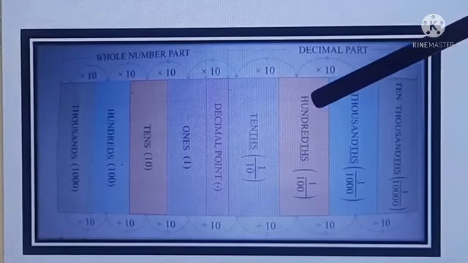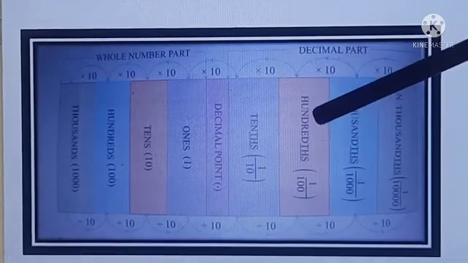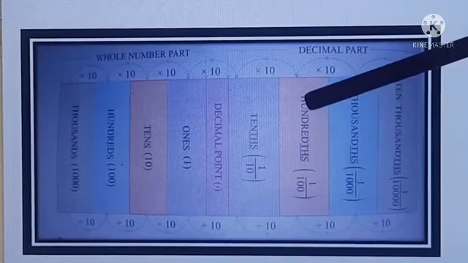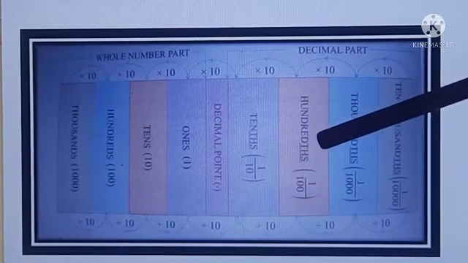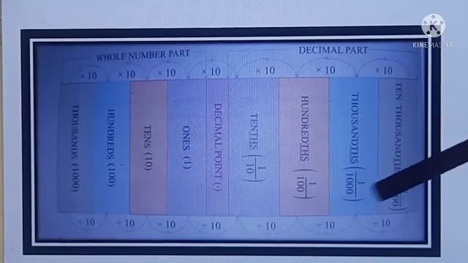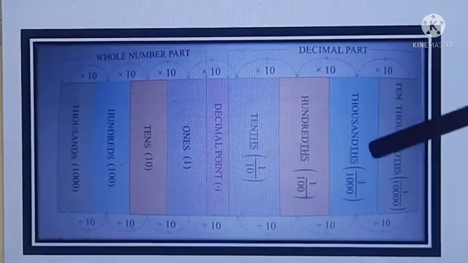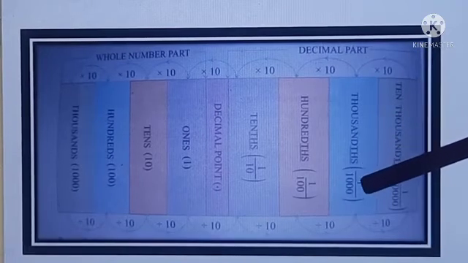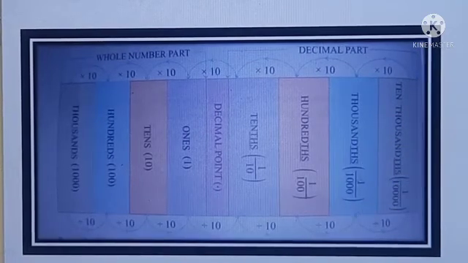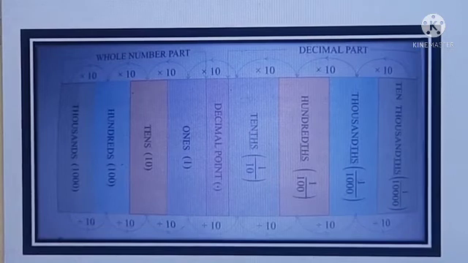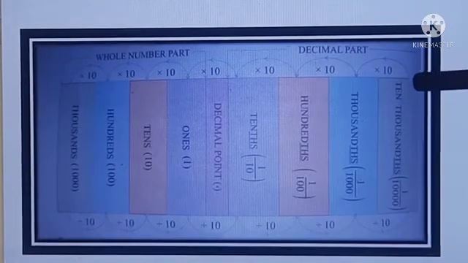And then hundredths, H-U-N-D-R-E-D-T-H-S. 1 upon 100. And thousandths, T-H-O-U-S-A-N-D-T-H-S. 1 upon 1000. And then ten-thousandths, 1 upon 10,000.